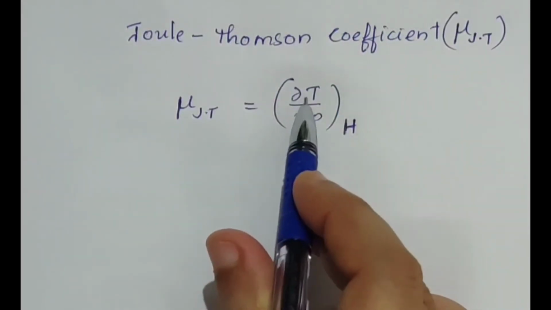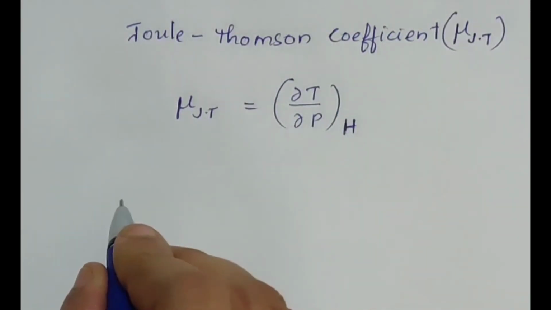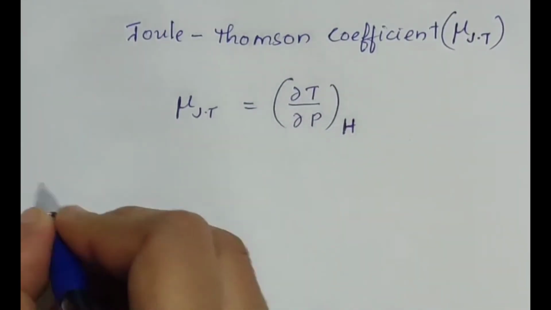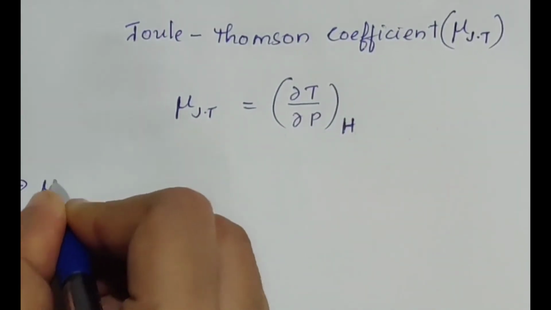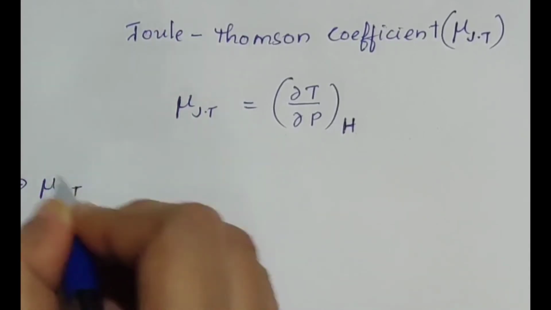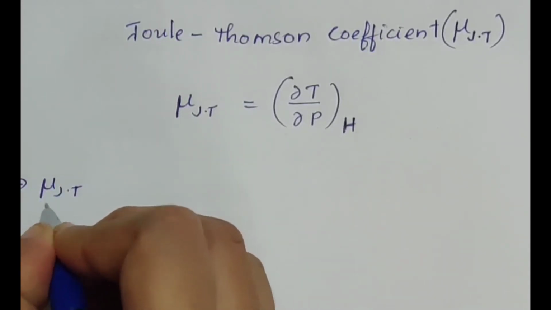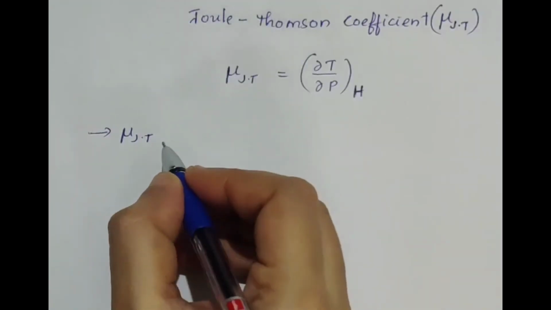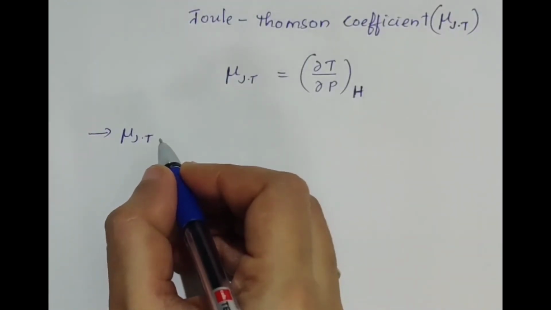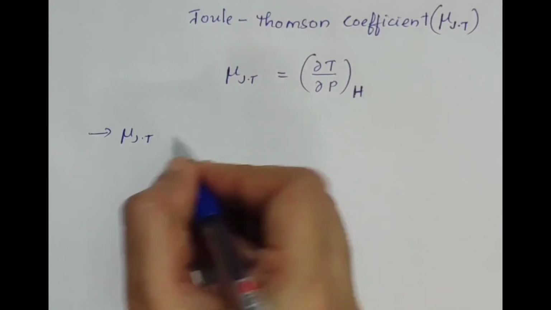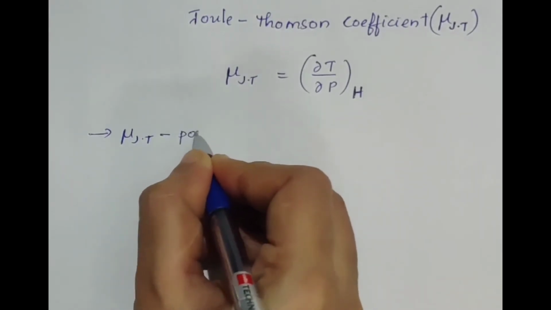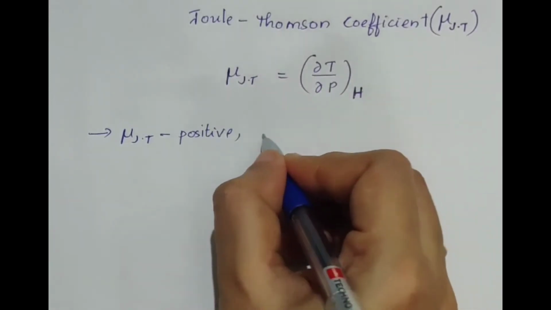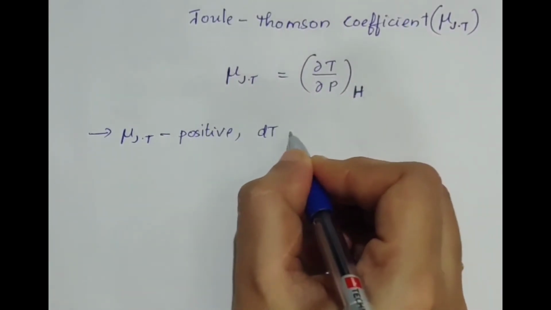dt is negative, that is, temperature is decreasing. Then the value of mu Jt, that is, the Joule-Thomson coefficient, is positive when dt is negative.